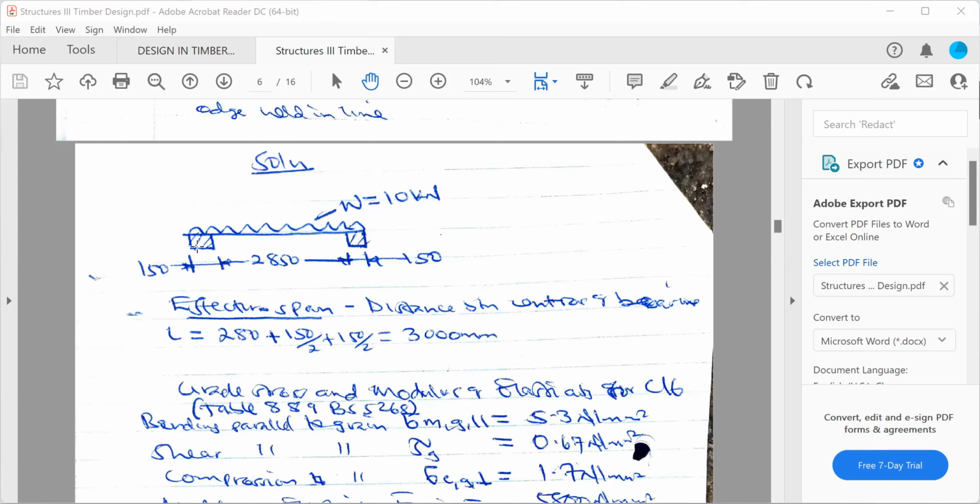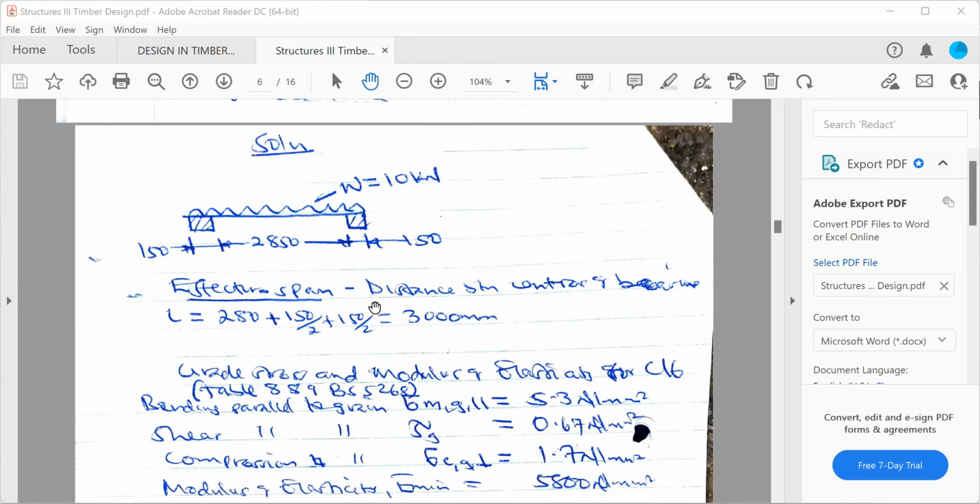Because 150 is the bearing length, it will be 75 millimeter plus 2,850 millimeter plus another 75 millimeter to the center of the support on the right hand side. So the effective span is 2,850 plus 150 divided by 2 to the halfway of the support, plus 150 over 2 to the halfway of the other bearing, giving us 3,000 millimeters. So this is our effective span.